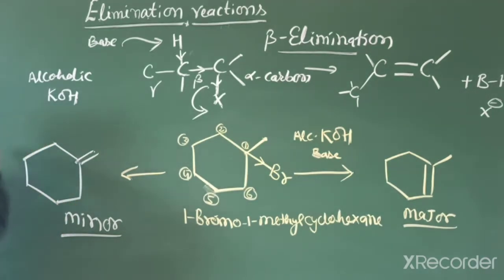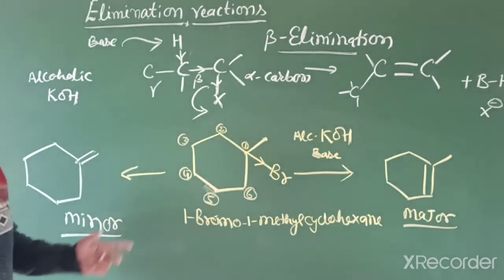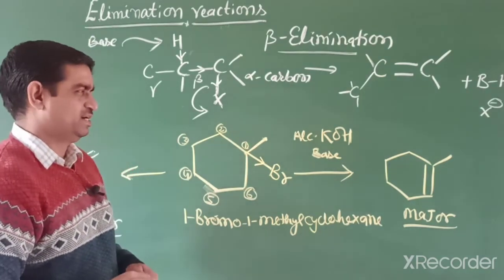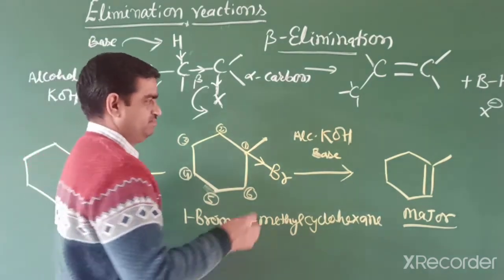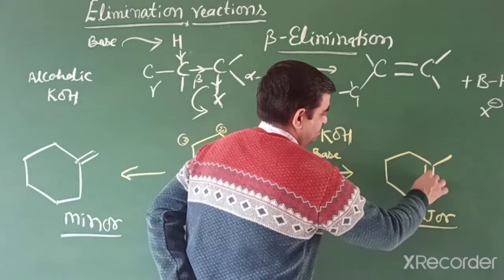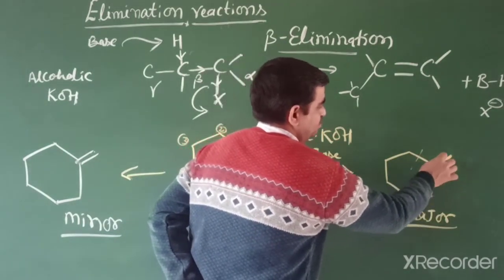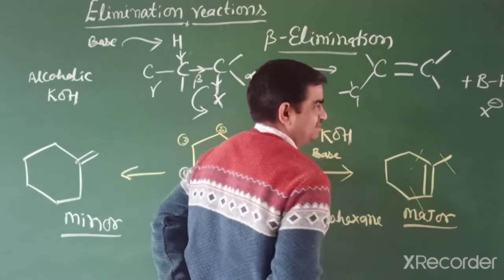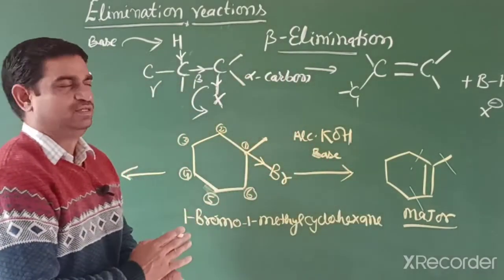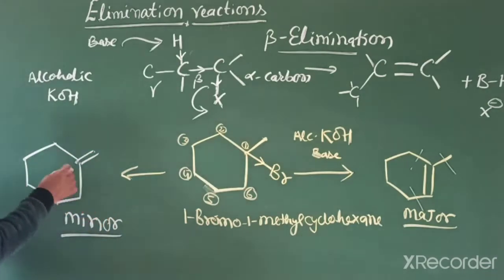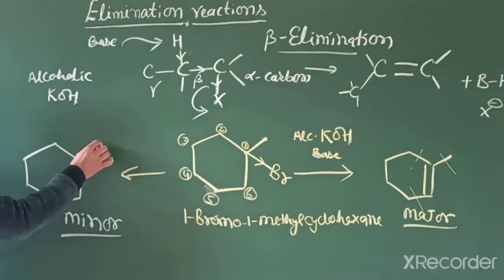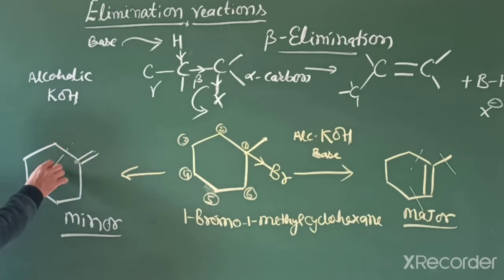According to Saytzeff's rule, the alkene that is the major product has more branching. If we observe this alkene, this is the double bond. So how many branchings are in this? 1, 2 and 3. There are 3 branchings, meaning 3 carbons are attached on the double bond. And in this alkene, if we observe, there are only 2 branchings, because this side has only hydrogen. So this one is the major product.